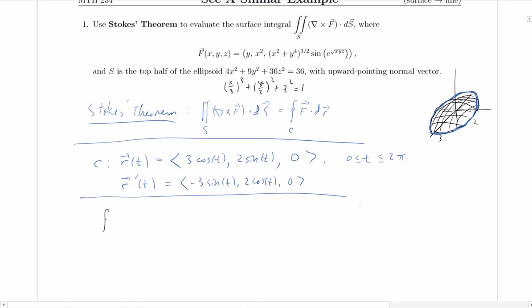And the integral of F along the curve will be the integral from 0 to 2 pi. And now we write the vector field F, but we substitute everything. So for y, we use 2 sine t.